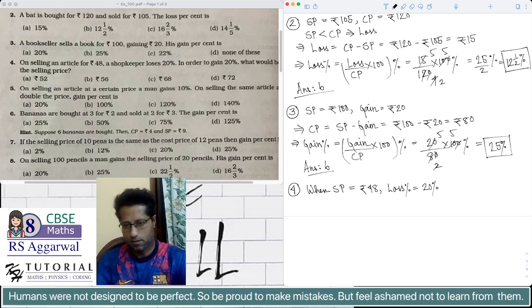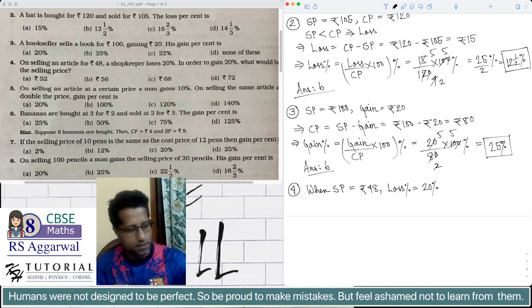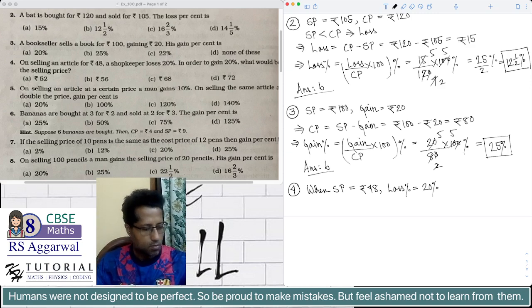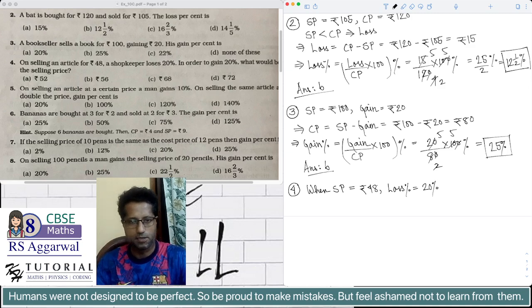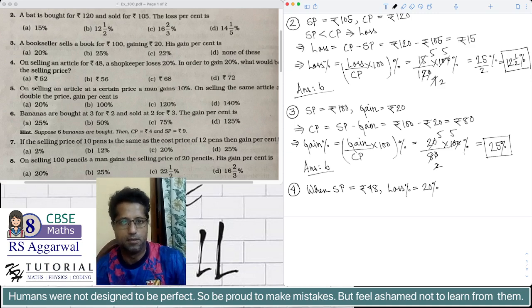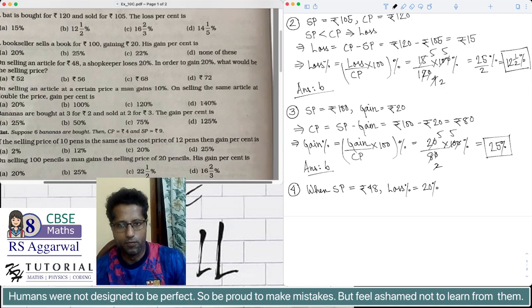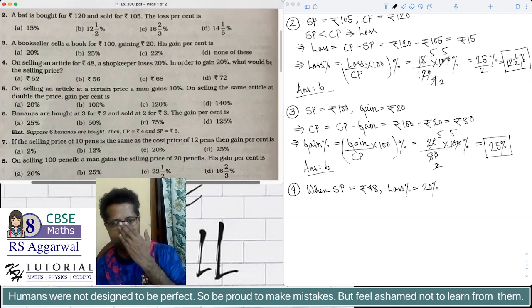Now from these two data, the selling price and the loss percent, we can easily calculate the cost price if we assume the cost price to be X, and the selling price will be 20% less than X. From there we can calculate the cost price. Now once we know the cost price, see, the cost price never changes, the selling price can change. Once we know the cost price, then in order to gain 20%, we can easily find the new selling price.